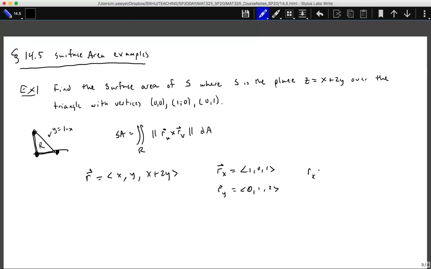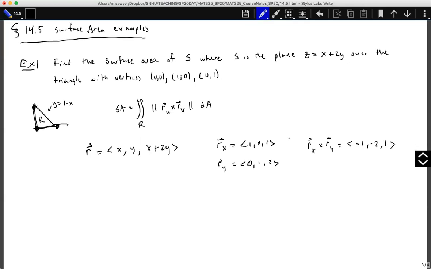So r_x cross r_y, doing the cross product, we get (-1, -2, 1). And this is a nice magnitude to calculate. So the magnitude of our cross product is equal to the square root of 1 squared plus 2 squared plus 1 squared, which is square root of 6.